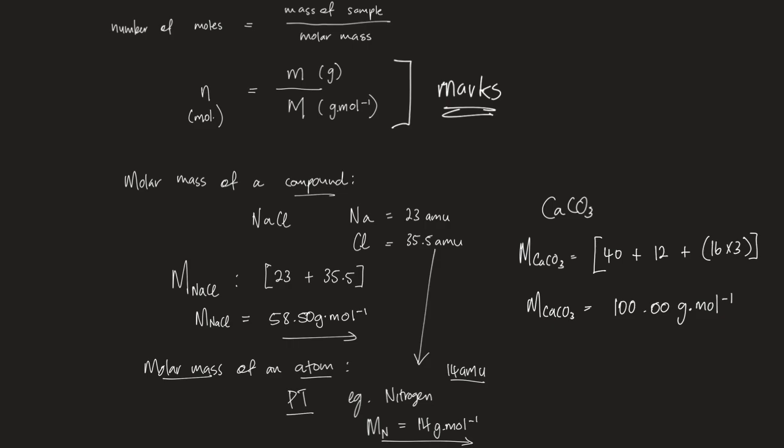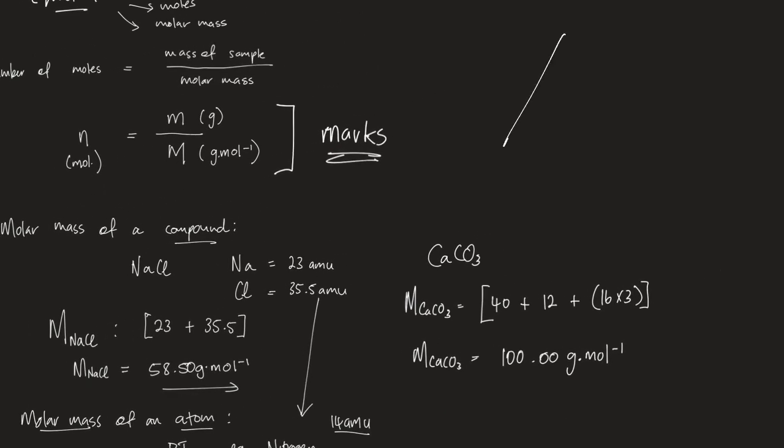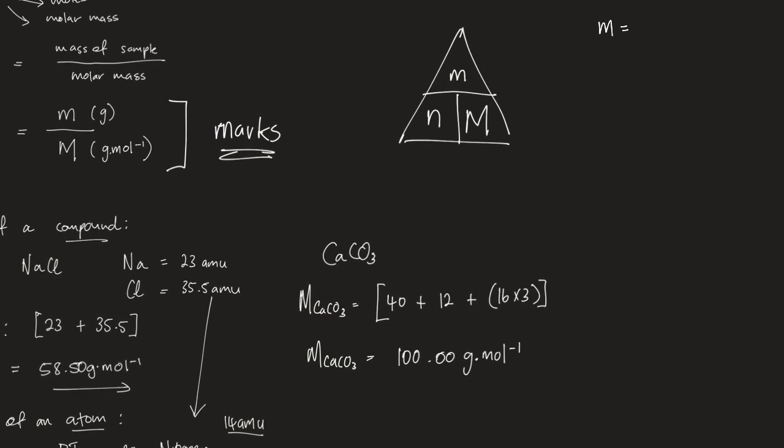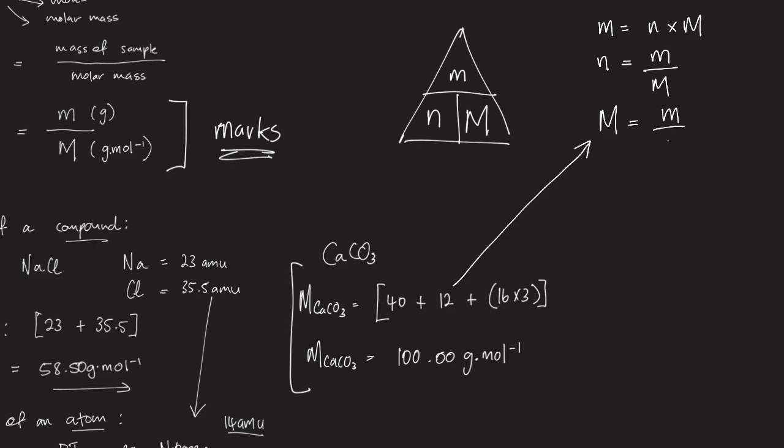But because of the triangle and there are 3 variables, we can do a triangle like this, and it means in step 2 you can manipulate n, little m, big M. If I wanted the mass, I could say n times M. If I wanted n, the moles, I could say little m over big M. And if I wanted molar mass and I didn't have the compound's molar mass, this is one method for molar mass, I could just say little m over n.